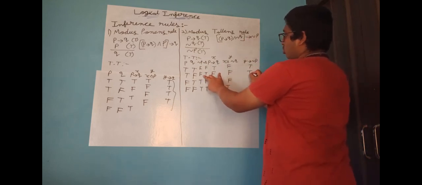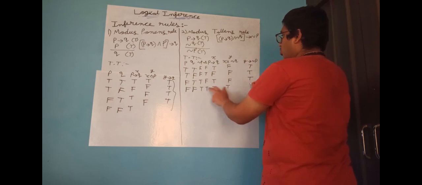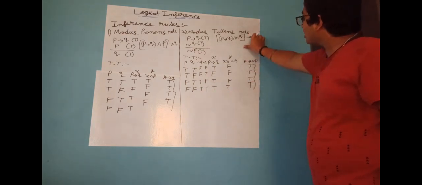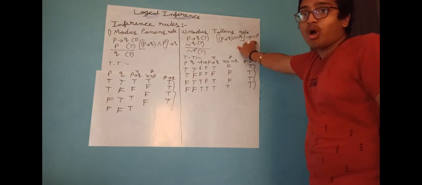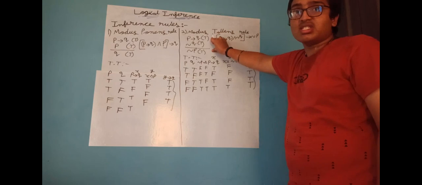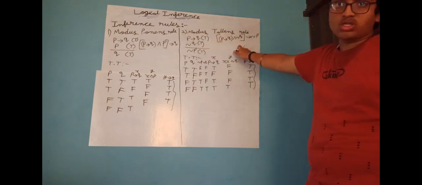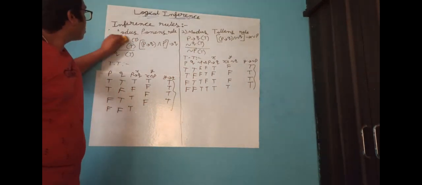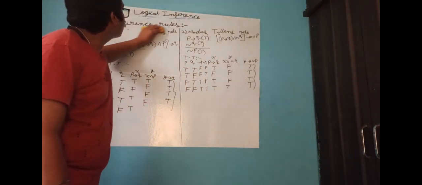False, false, true. False, true, true. True, true, true. Now all the truth values are true. This symbolic form statement is a tautology, which means modus tollens is verified. With these two rules we have completed. Now the remaining rules I will explain. Now I am rubbing out modus tollens.